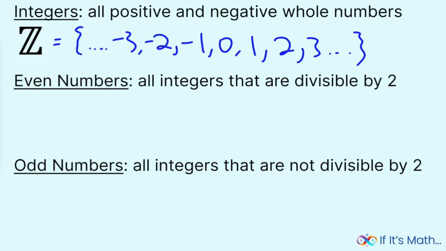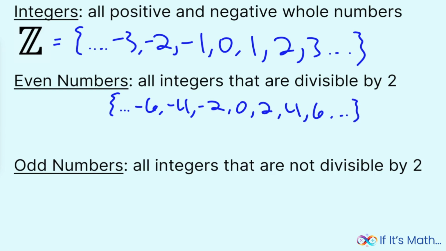Ready? So our even numbers, and there's not a standard fancy capital for it, what we're trying to get to is -6, -4, -2, 0, 2, 4, 6, and so on. One key part here is that 0 is even.